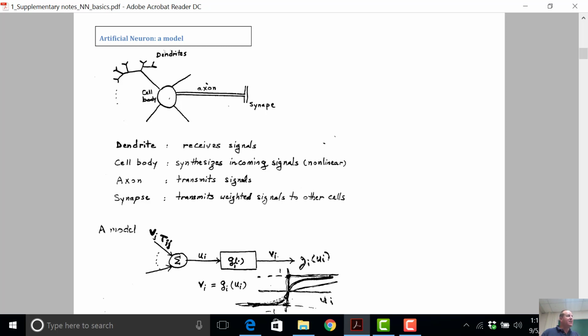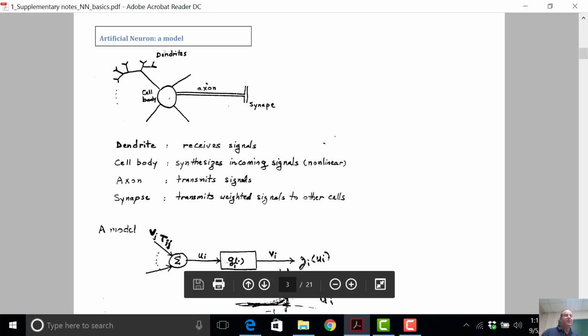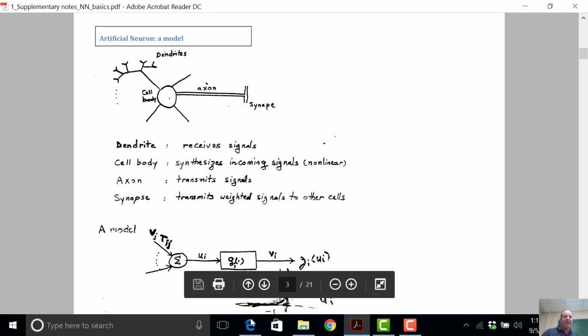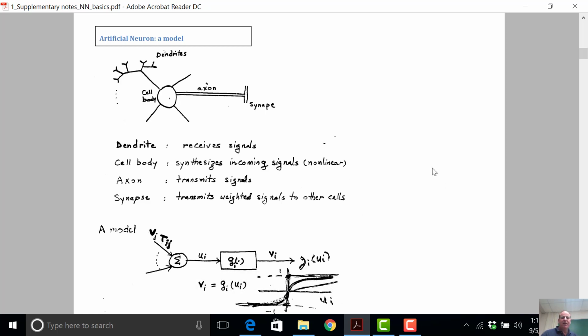So you need basically that stream of firing that comes out represented that way. And this nonlinearity represents the decision the cell body makes to create that particular signal, which in a simple way is represented by what we refer to here as a compressive nonlinearity.